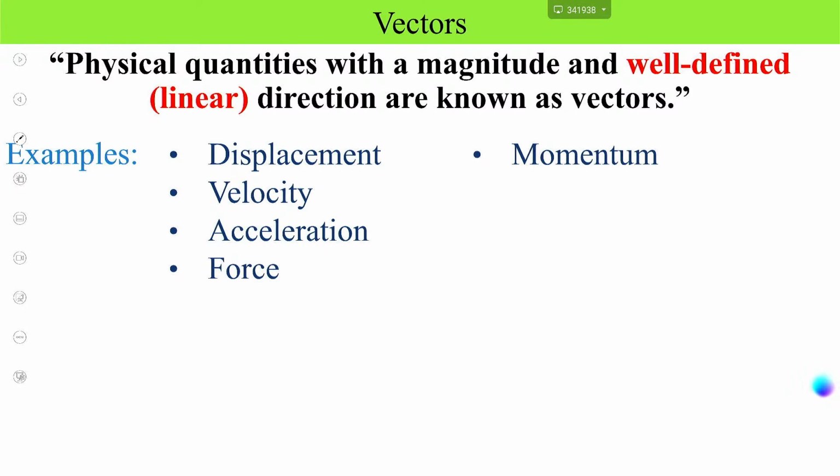Now, since we have done a little bit of linear motion, let me tell you the direction of displacement. The direction of displacement is from the starting point to the end point.